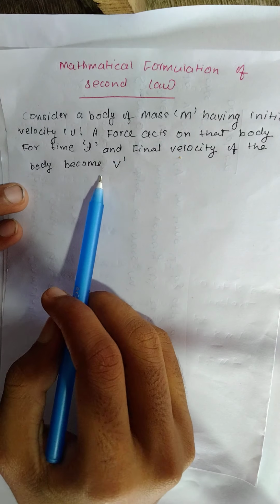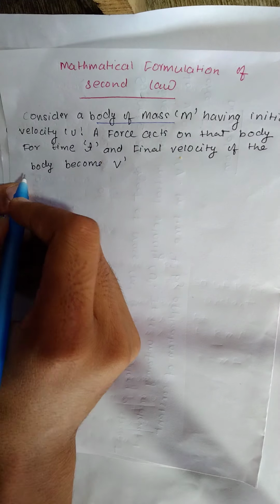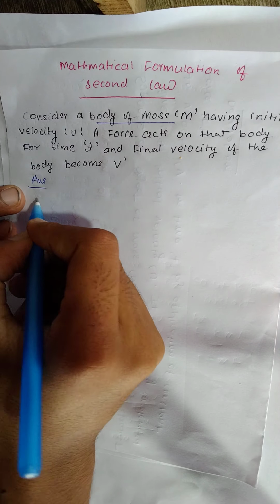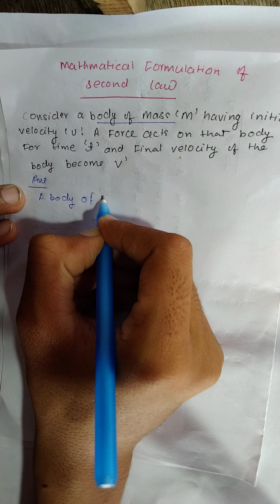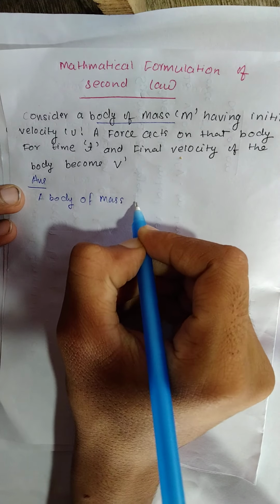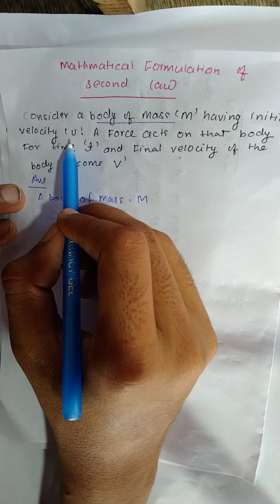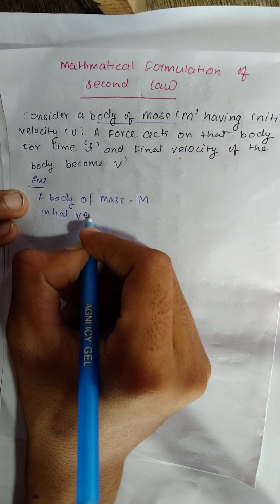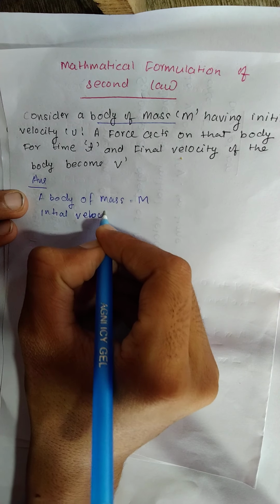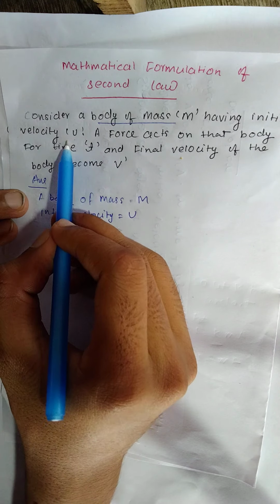It is telling that consider a body of mass m having initial velocity u and final velocity v.